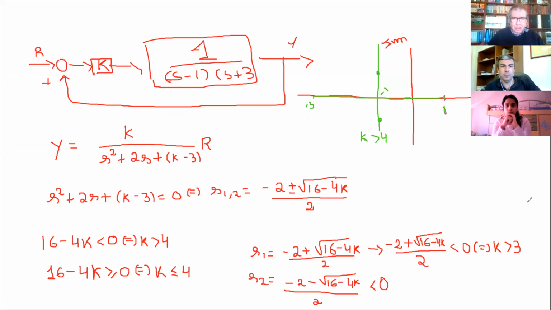So you have branches, and you have rules for the real part that belongs to the possible places where you have closed loop poles for some gain, and you have two branches that go to infinity in this case. In this case, you increase the gain, and then it always becomes unstable.